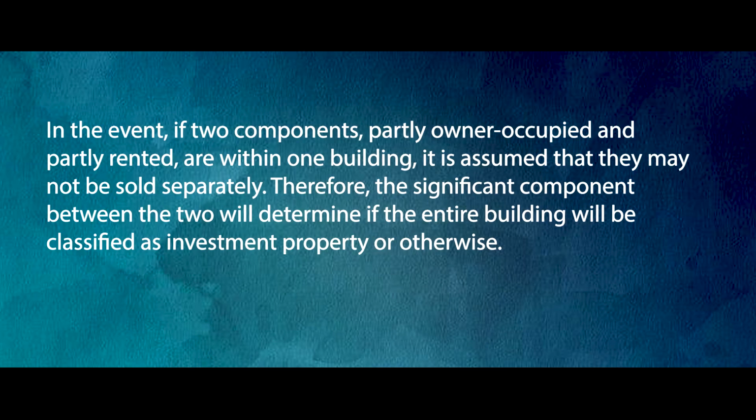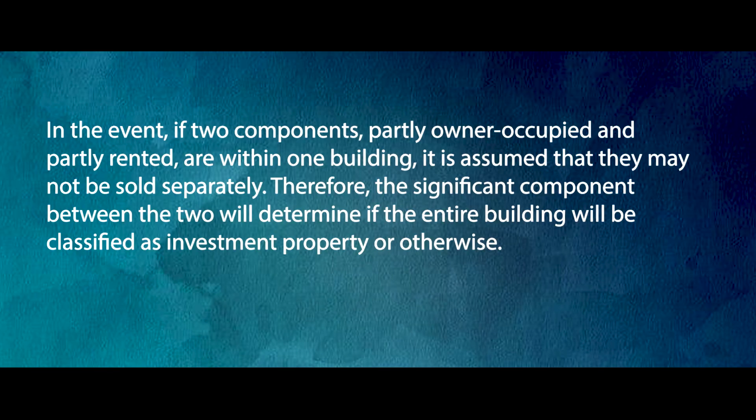Now the second issue out here is, in the event if two components, partly owner occupied and partly rented, are within one building itself, it is assumed that they may not be sold separately. So here we have to know that it is assumed that this building is not sold separately. So therefore the significant component between the two.